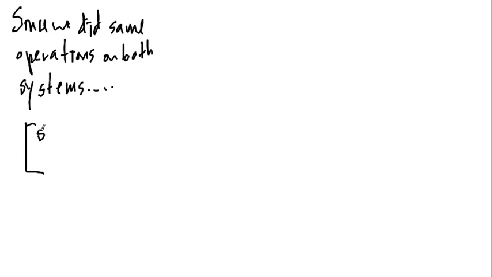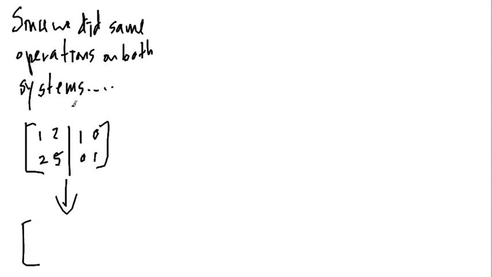I had 1, 2, 2, 5, 1, 0, 0, 1. If I had done the row operations on this, the left side would have gotten down to 1, 0, 0, 1 as before.